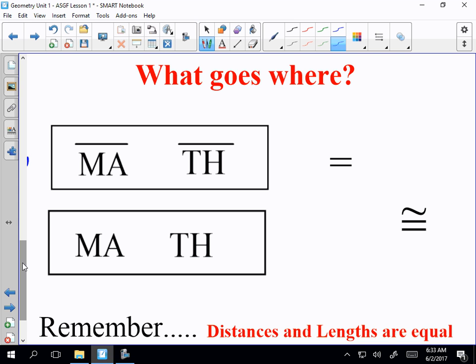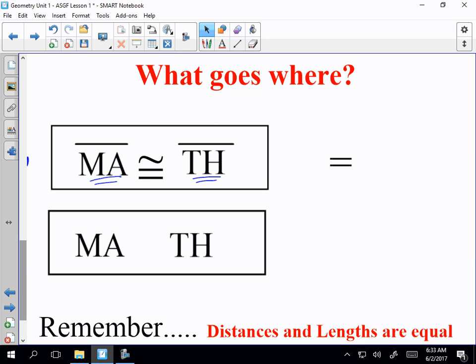So when we look at segment MA and TH, they're different segments, they're objects that are the same length. So we need our congruence symbol when we're talking about segments, because they're not the same segment. When we're talking about their measurements, that is when we can say that they're equal to each other.